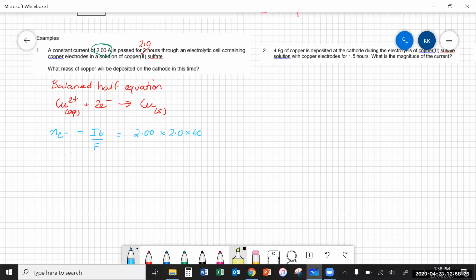So 2 hours times 60 minutes times 60 seconds. And then we're going to divide that by the Faraday constant, which is 96,500. So plug that in, and you get to 2 significant figures, 0.15 moles.